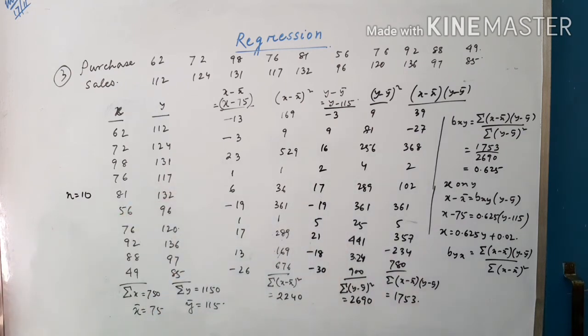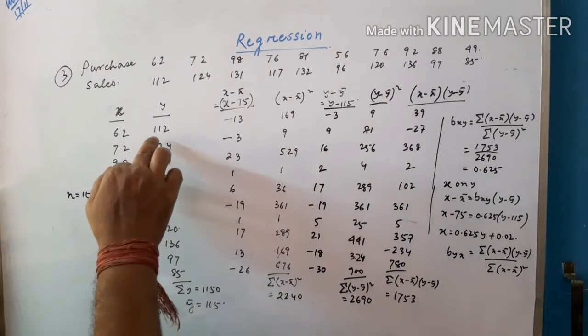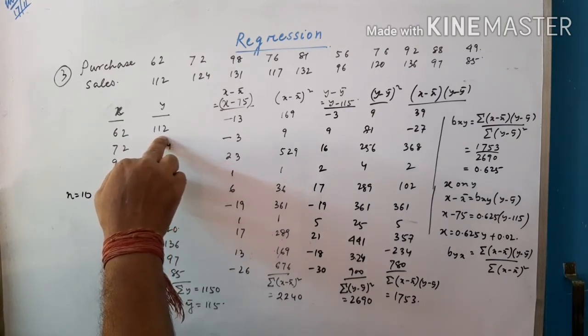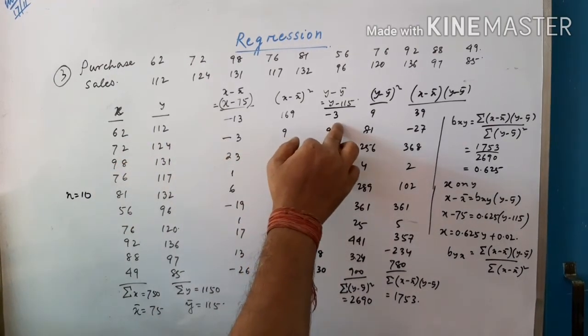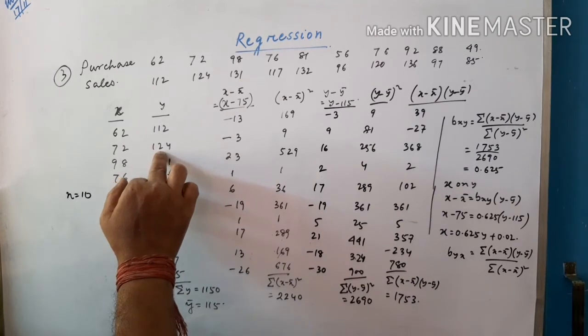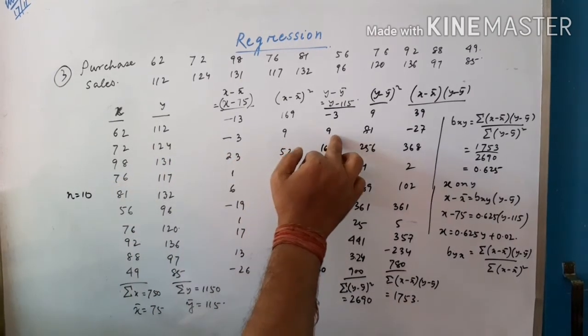Similarly I am calculating y minus y bar. Here y bar equals 115, and from each value of y we subtract y bar, that is 115. That means 112 minus 115 you will get minus 3, 124 minus 115 you will get 9.